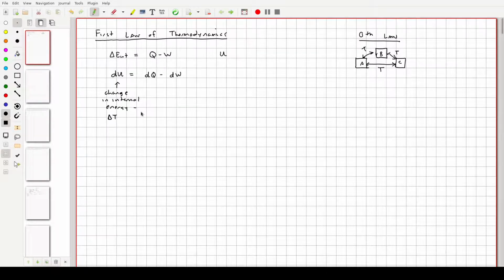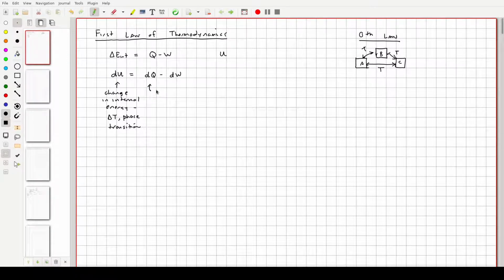When you change the temperature, you change the motions of the atoms and molecules inside something. And as a consequence, the energy on the inside changes. Or it could undergo a phase transition. Again, this is the energy in the actual individual atoms and molecules.